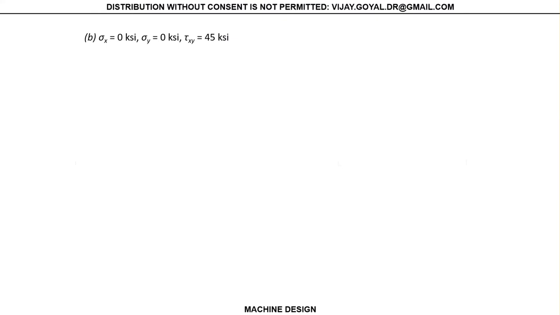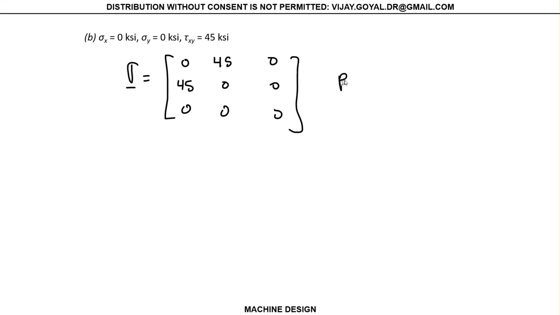In this second case, though it's kind of the same thing, the problem is very interesting because everything is zero except one shear, right? So this is shear based more than anything else. Okay, so this is a case of what we call pure shear. We don't have anything else in the problem.